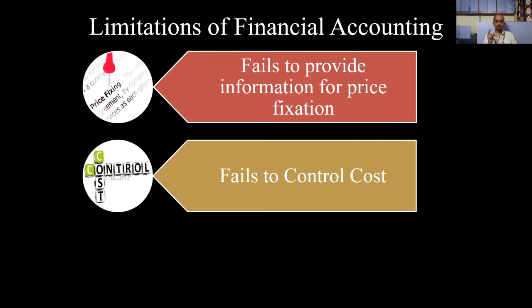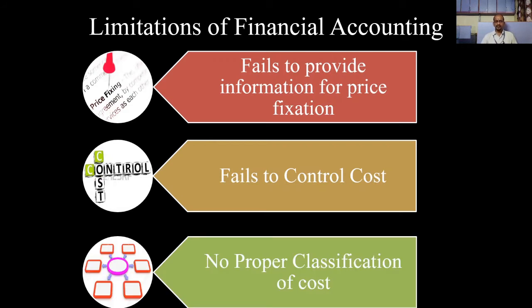We need to control the material used, the labor cost, and the other expenditure. But in financial accounting, such things are not possible because we deal in aggregate. But in cost accounting, we can classify it and we can control it.